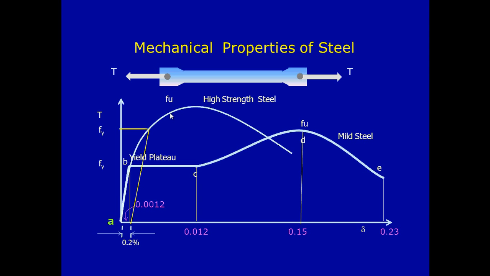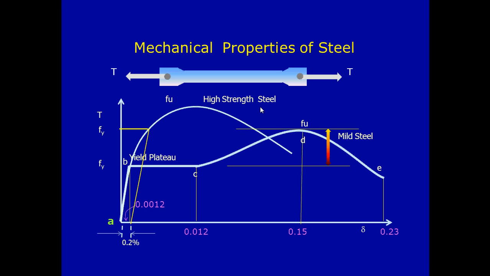In order to get the proof stress, we consider the tensile deformation at 0.2%, and we draw a straight line parallel to the initial curvature of the force deflection curve. The line will cut the force deflection curve at this point, and the corresponding stress is termed as the yield strength in case of high strength steel bars.